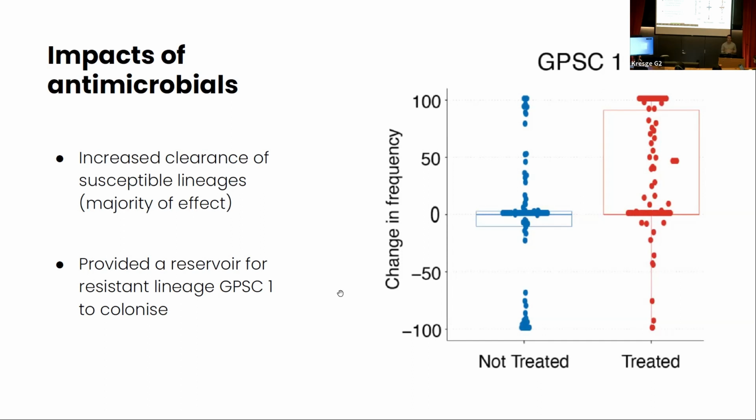And a lot of this was driven by the fact that the children were colonized initially with multiple lineages and one was susceptible, and then the antibiotics killed off that one. But even once you controlled for this, children were more likely to be colonized after having been given antibiotics. So receiving antibiotics in this camp meant that you were more likely to then be colonized with GPSC1 subsequently.